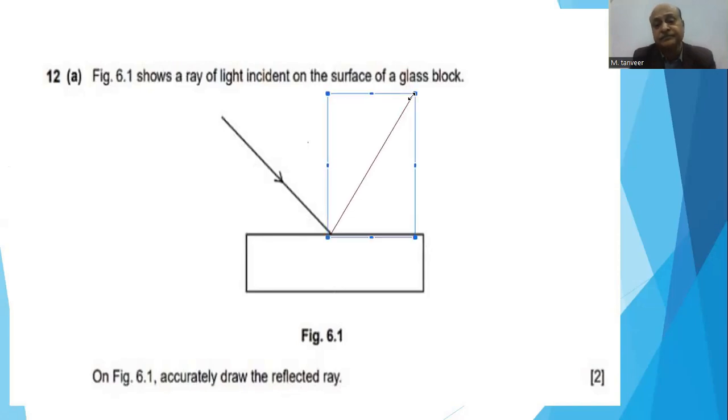You have to draw only the reflected ray, and you have to mention the direction with an arrow. So this is your reflected ray.